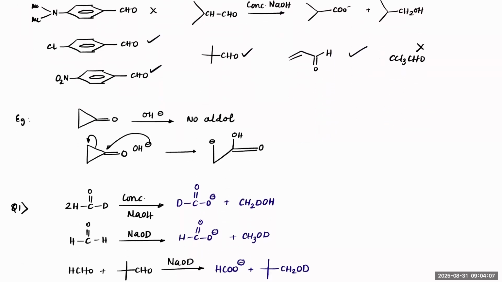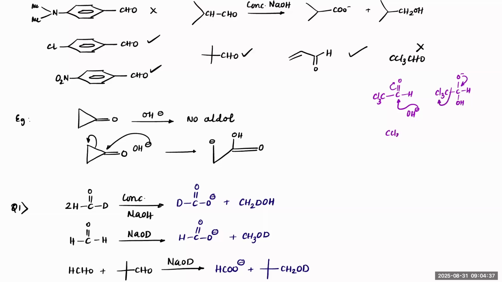Now, CCl3CHO, this is a haloform reaction. In haloform reaction, what you will notice is, if you have C double bond O, as the OH minus goes and attacks here first, this will become CCl3 C, O minus, H and OH. Then as it closes here, it is not the H minus which will come, it is the CCl3 minus that will come out.